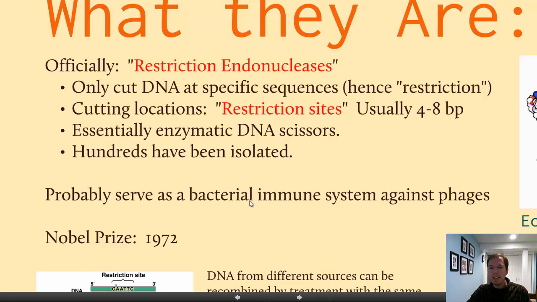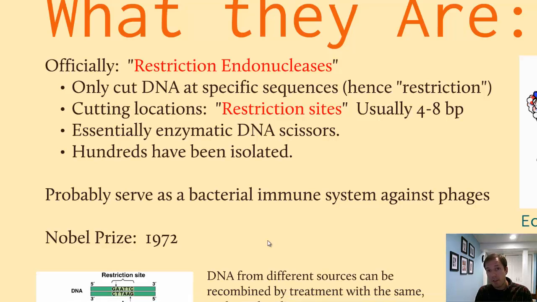Hundreds of these have been isolated, so these are naturally occurring things that most likely existed as a natural defense. Bacteria produce these restriction enzymes because the disease that impacts bacteria is a type of virus called phages. A phage, just like any other virus, will inject its viral DNA into the bacteria to infect it and try to take over.